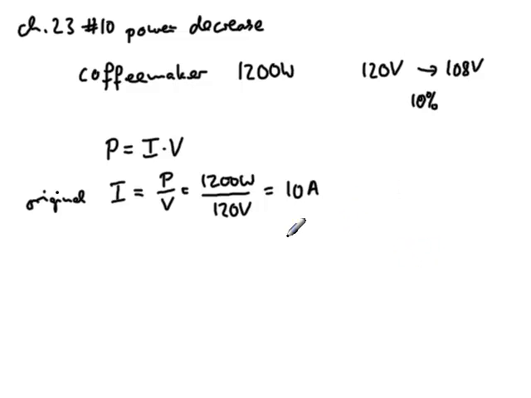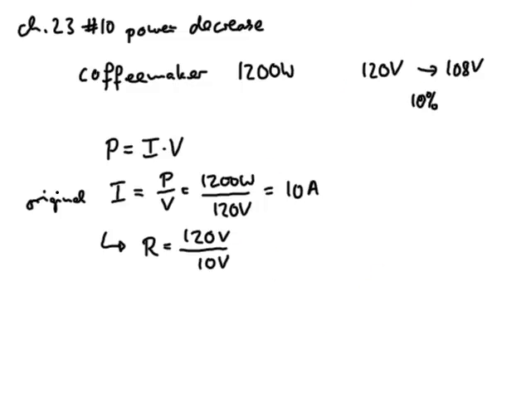Let's do something else instead, and that is determine the resistance of the coffee maker. And that's what it says here. It's the resistance of the toaster. Interesting, they say coffee maker first and then they switch to toaster. Oh well. It's the resistance of the toaster that stays constant. So let's calculate the resistance. R equals 120 volts divided by 10 amps. Oops, you know what?